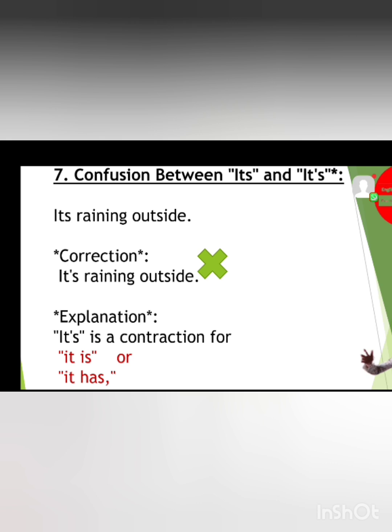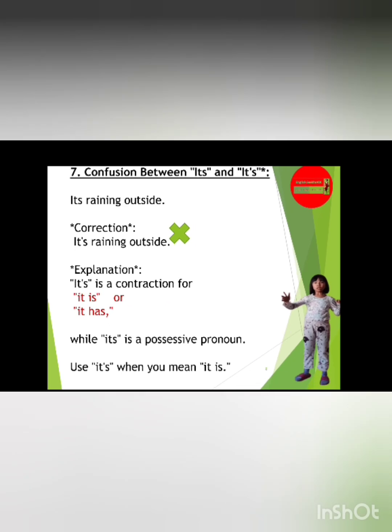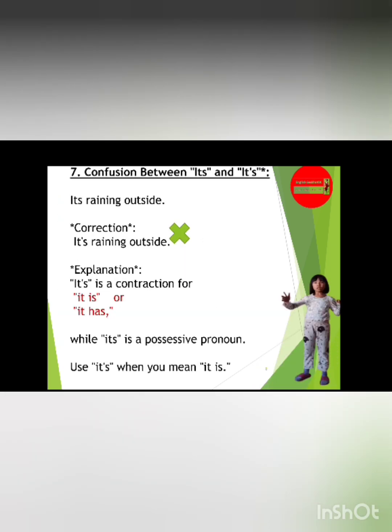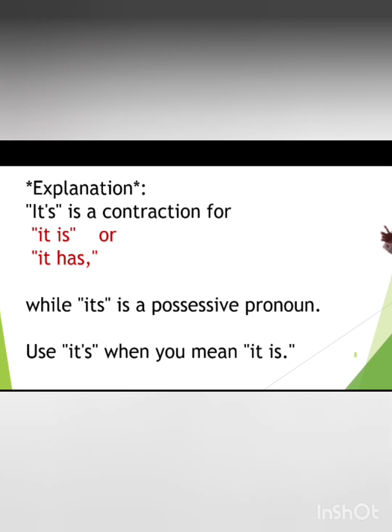So for the contraction of a word, you are going to use the apostrophe s. Whereas its is a possessive pronoun. Use it's when you mean it is. For it is, that is, a contraction of a word, you use the apostrophe, whereas for a possessive pronoun you do not use the apostrophe.